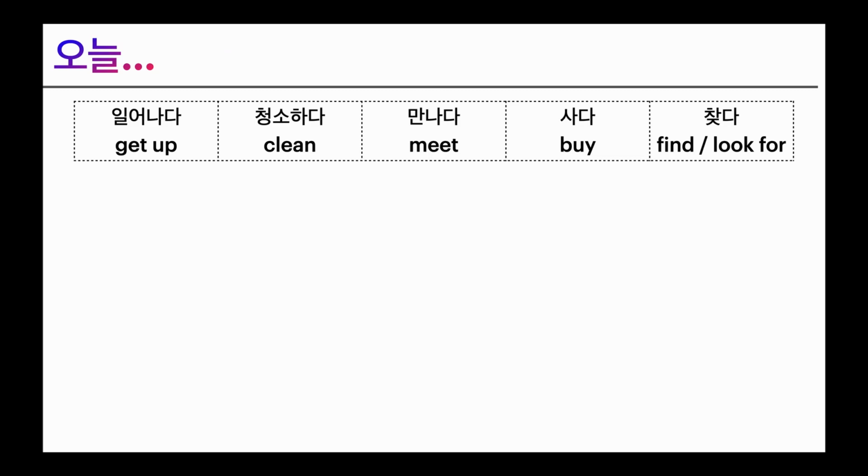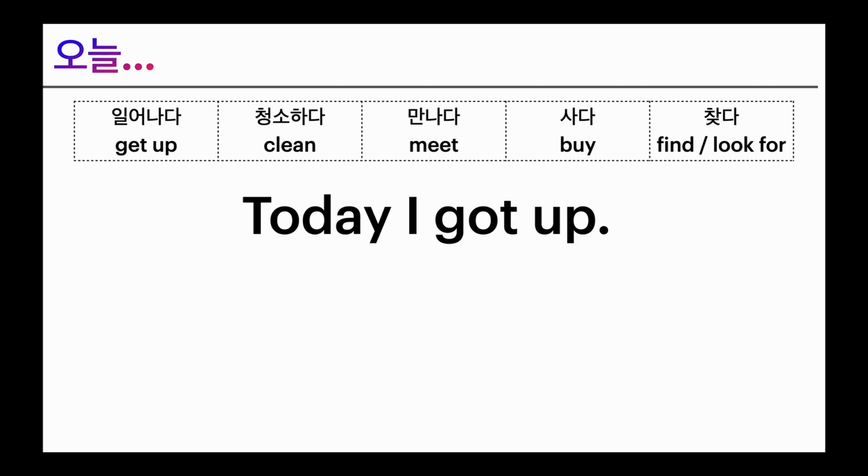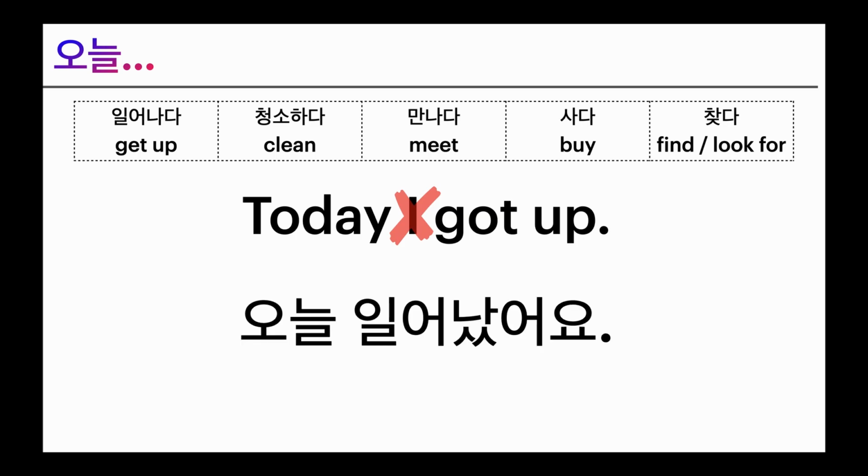Alright, let's go ahead and start making some sentences beginning with 오늘, aka today I blah blah blah. Today I got up. And again, we're not going to use I. 오늘 일어났어요.